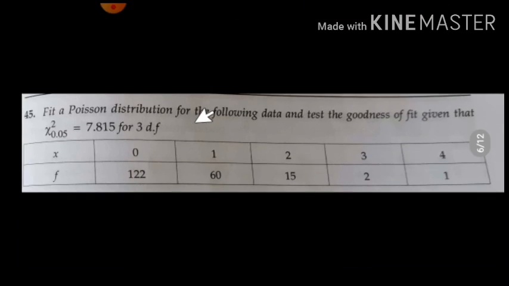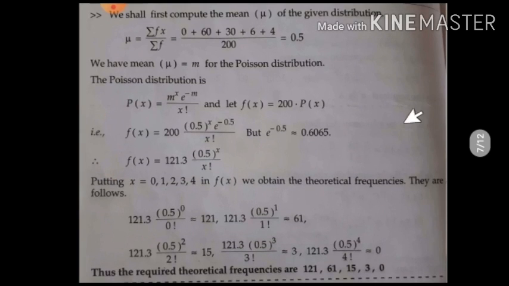They asked you to fit a Poisson distribution for the following data. The total frequency of the data we already obtained as 200. So when we are obtaining a Poisson distribution, it is calculated for 200 data.